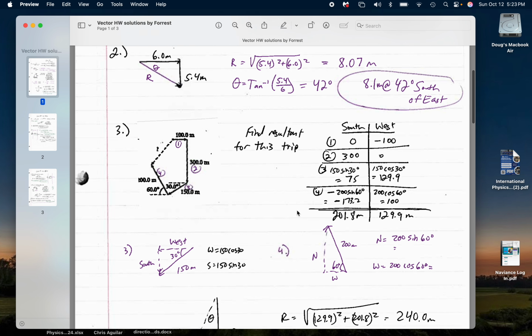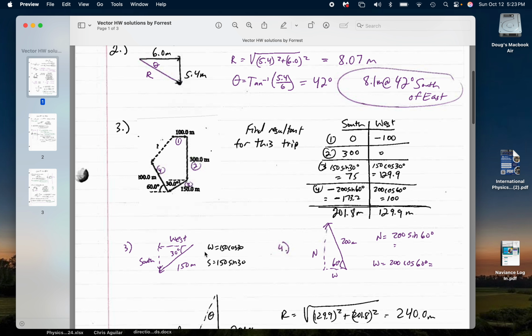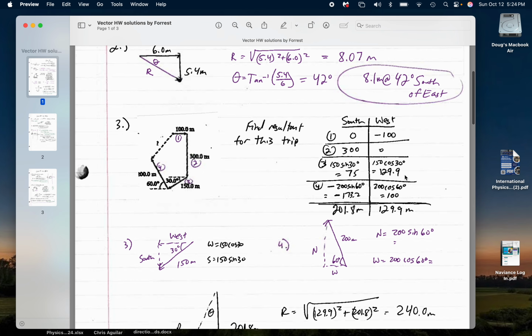The third one, I'm redrawing down here, and that is 30 degrees south of west. So this part, opposite over hypotenuse, the southern part is going to be a sine function. The western part or component is going to be a cosine function. So I end up getting 150 sine of 30, 150 cosine of 30. Both those are positive because they're south and west.